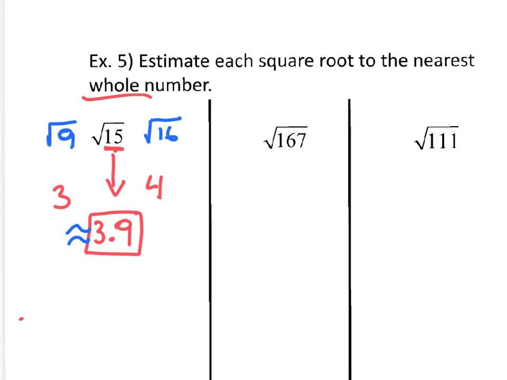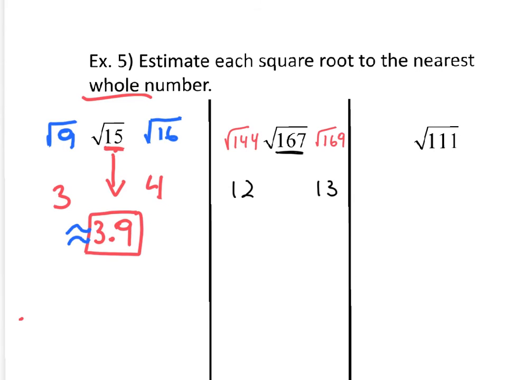Now, if you look at the next one, the closest perfect square numbers to 167 are 144 and 169. I know the square root of 144 is 12 and the square root of 169 is 13.